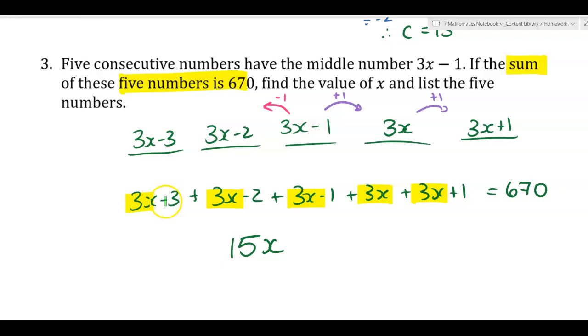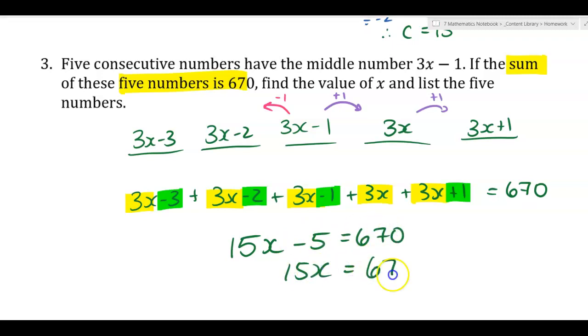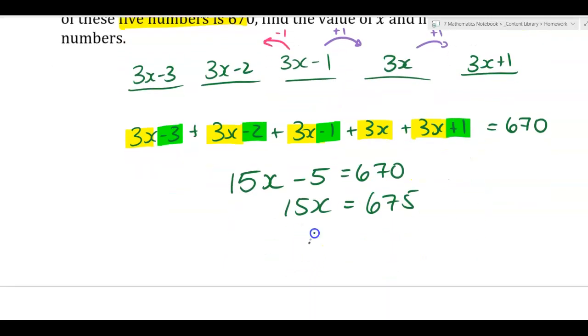And then we do the numbers. Negative 3 minus 2. What's negative 3 minus 2? Negative 5 minus 1. Negative 6 plus 1. Minus 5 equals 670. Therefore, 15x equals 675. Therefore, x equals 45.